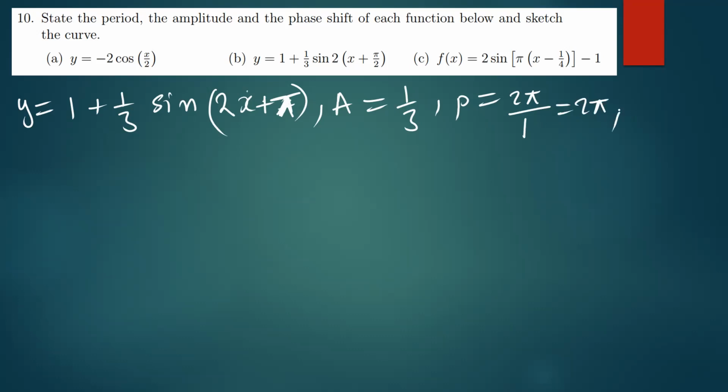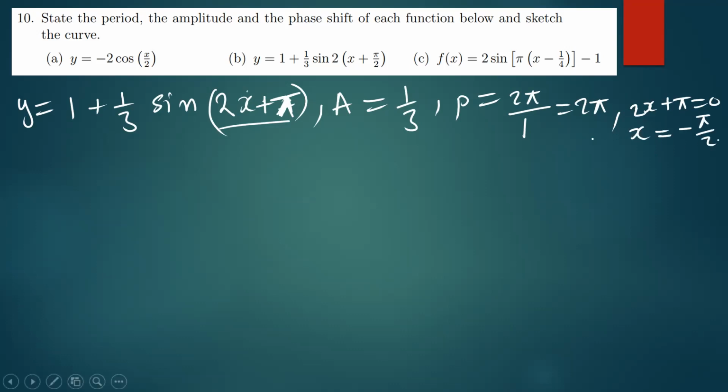And then apart from that, we get the phase shift. For the phase shift, you equate what is in the brackets there to 0. What is in the brackets is 2x plus pi. We equate this to 0. Then when you take this to the other side of the equal sign, you find x is equal to negative pi over 2.